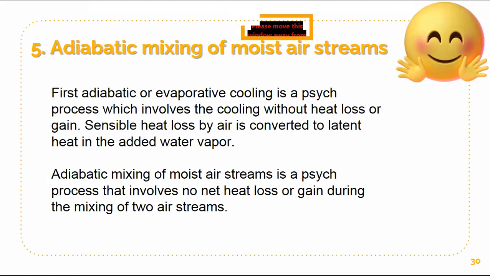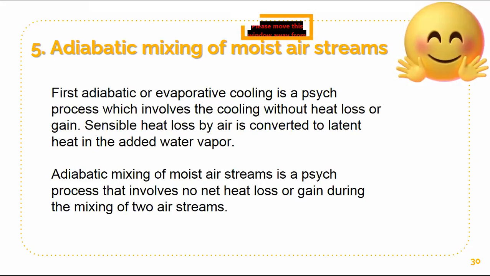So whatever amount of energy your air loses is converted to an increase in the latent heat of your water vapor. It's just one part of your mixture giving something, that is your air, and it's being received by the water vapor in that particular mixture. So that is why it's adiabatic. If one rejects, the other one receives, in terms of heat energy.